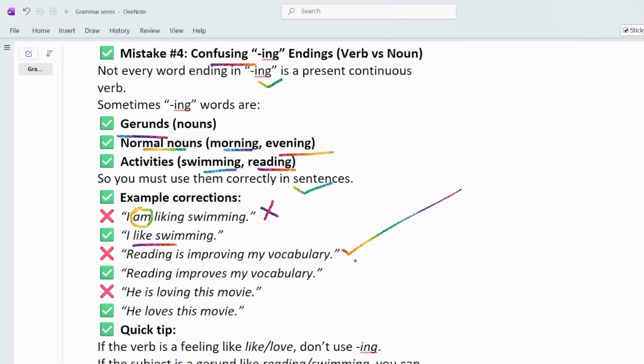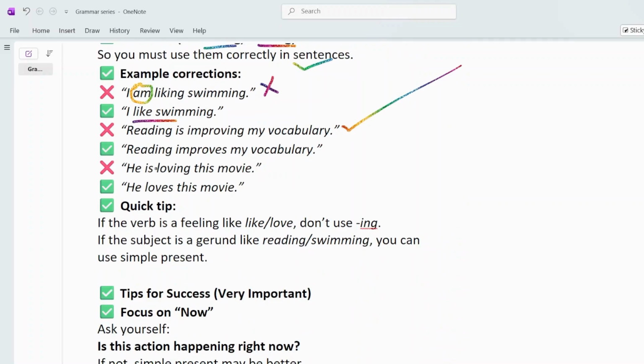That's the whole point. There is no need of actually adding is. You can just say reading improves my vocabulary. He is loving this movie. Sometimes you can use this sentence. However, he loves this movie sounds absolutely right.